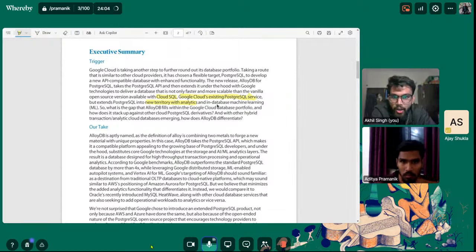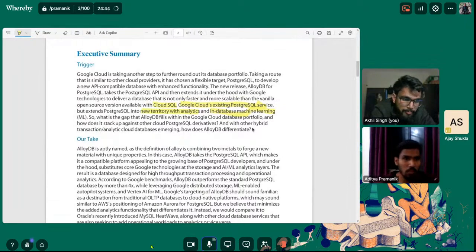The new release, AlloyDB for PostgreSQL, takes the PostgreSQL API and extends it under the hood with Google technologies to deliver a database that is not only faster and more scalable than the vanilla open source version available with Cloud SQL, Google Cloud's existing PostgreSQL service, but also extends PostgreSQL into new territory with analytics and in-database machine learning. So, what is the gap that AlloyDB fills within the Google Cloud database portfolio, and how does it stack up against other cloud PostgreSQL derivatives? And with other hybrid transactional-analytical cloud databases emerging, how does AlloyDB differentiate?